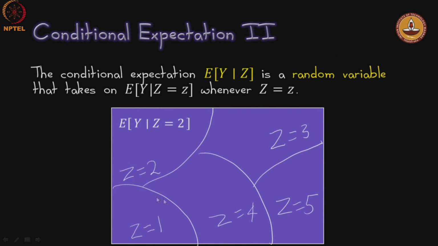If you think of the sample space as being divided into regions corresponding to various values of Z, each region, if you condition on that region, gives you an expectation of the random variable Y, and that expectation itself is now a random variable over the entire sample space. That is this expectation of Y given Z.